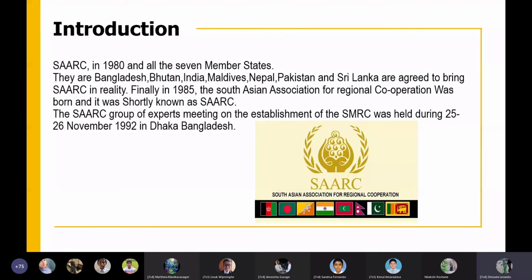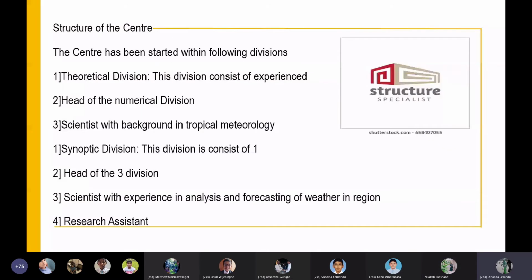The SAARC grouping of experts meeting on the establishment of SMRC was held on 25th and 26th November 1992 in Dhaka, Bangladesh. Structure of the center. The center has been started with the following divisions. Theoretical division: this division consists of experienced scientists with a background in tropical meteorology, and the head of the numerical divisions.